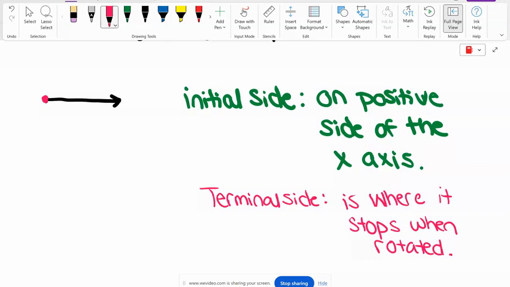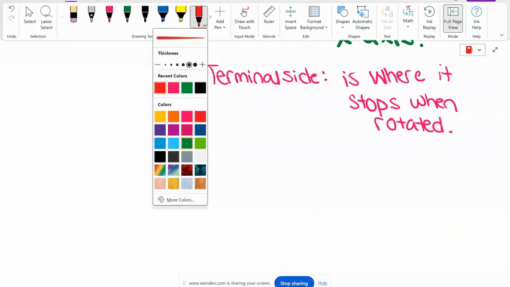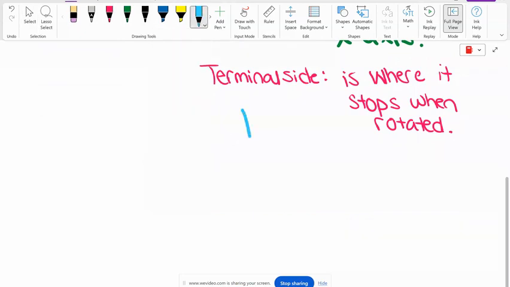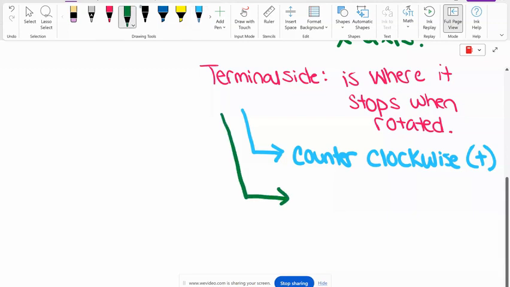If we're going to rotate in a positive direction, it's actually counterclockwise. Let's write this out. So counterclockwise will be a positive angle. And clockwise will be a negative angle.